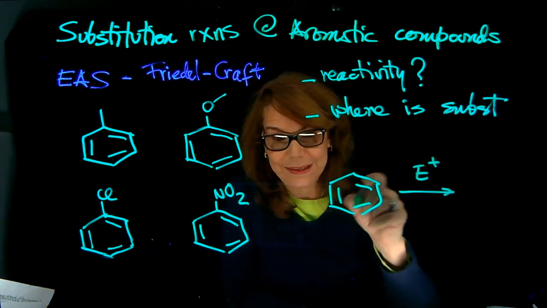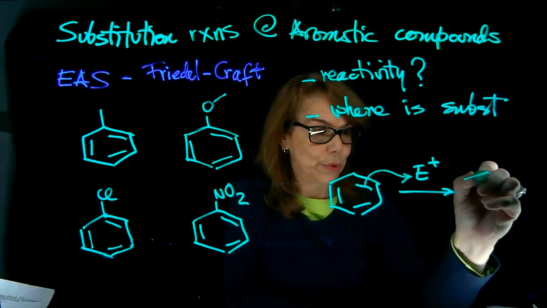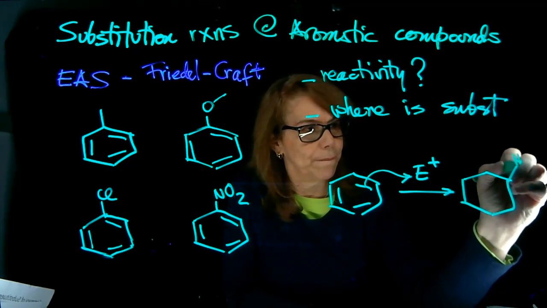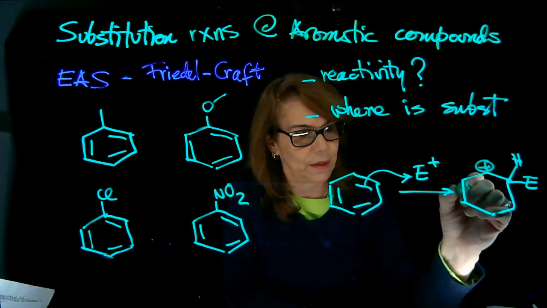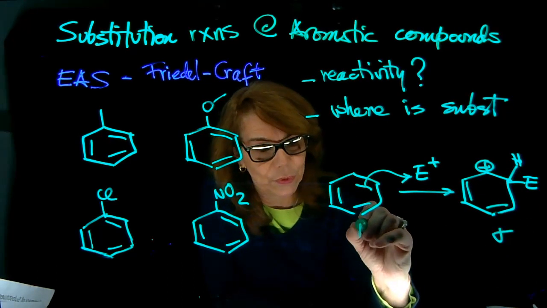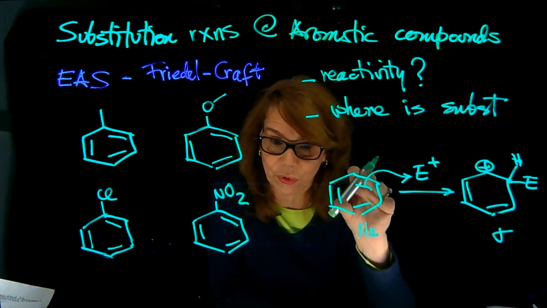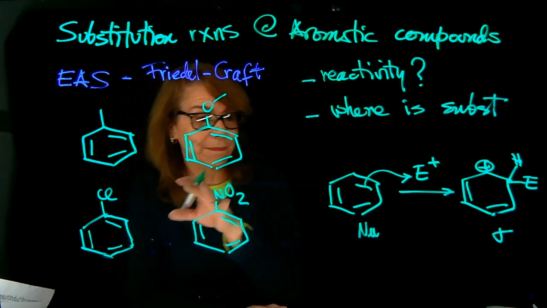If you remember when we were talking about the general mechanism, the electrophilic aromatic substitution happens with a nucleophilic attack from the ring on an electrophile to form your sigma complex. Therefore, this is your intermediate, one of the structures of the sigma complex. If this is your nucleophile, the more electron density we have here, the stronger the nucleophile. And that's where the groups go.